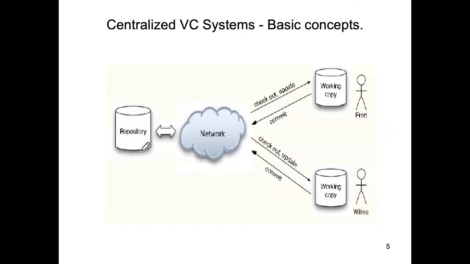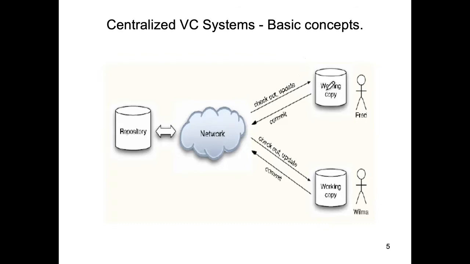So my server is on the left, and the term we use really is the repository. The repository is where the master copy of the various files that make up my project are stored. And then individual team members can check out a copy of a file or a set of files, or indeed all of the files that make up a project. They do some updates.